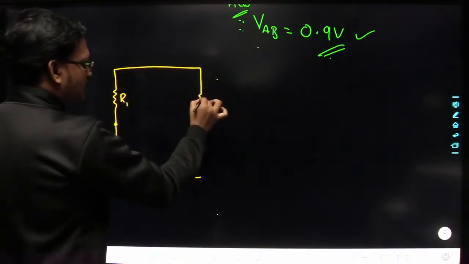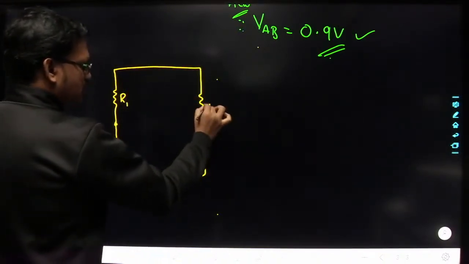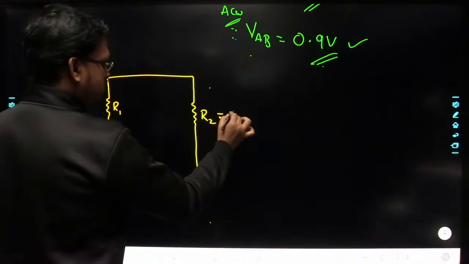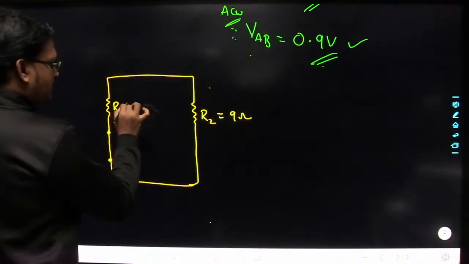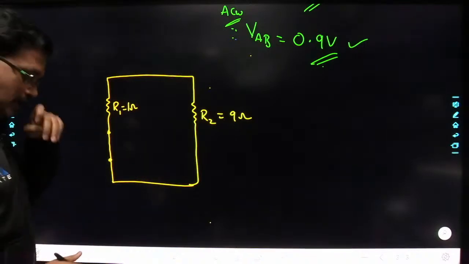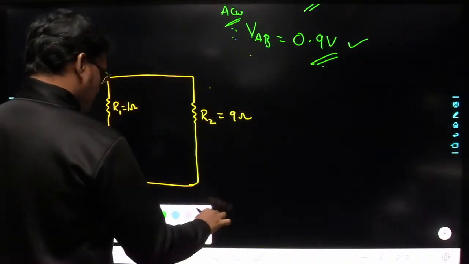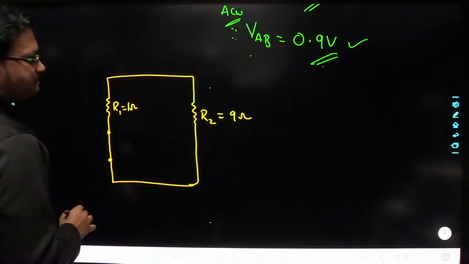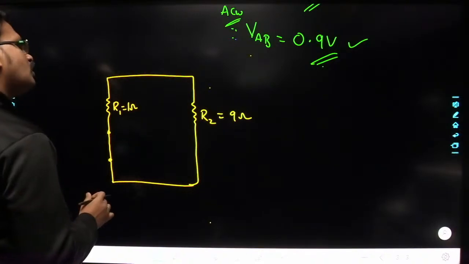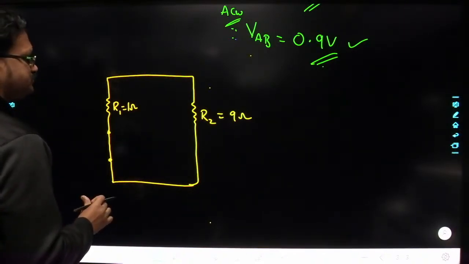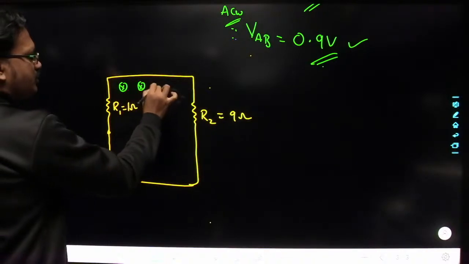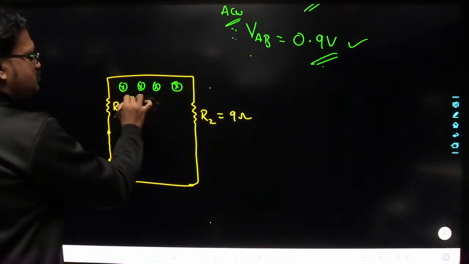So here you are having R2. This is R2. R2 I am considering as 9 ohms, and R1 I am considering as 1 ohm. So now let us assume here the B field is pointing into the board.